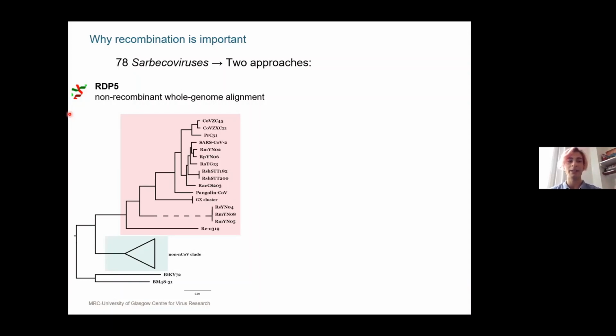And by detecting all these more than 150 signals of recombination, we can take out the putatively recombinant bits of the alignment for each virus, and then create this non-recombinant whole genome alignment that only leaves the major parent in the sequence and replaces the minor with gaps.